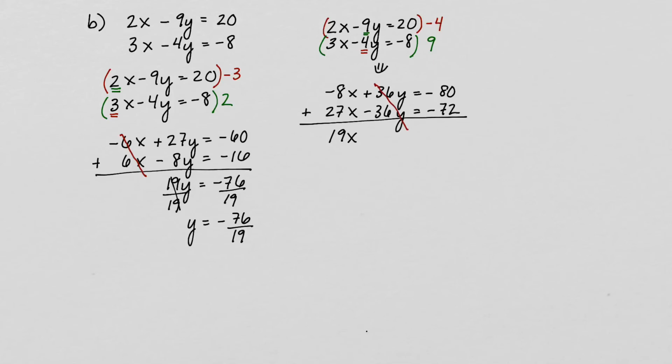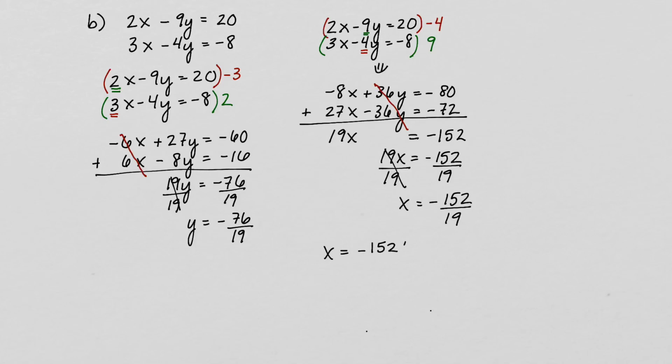The 36y and the minus 36y go away. Equals, and if I add these two together, I get negative 152. So I've got 19x equals negative 152, and I divide both sides by 19, and x turns out to be negative 152 over 19.